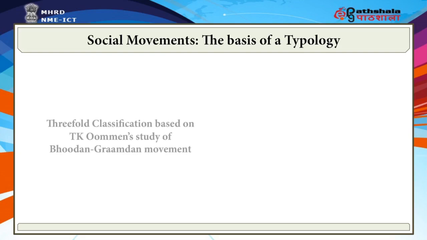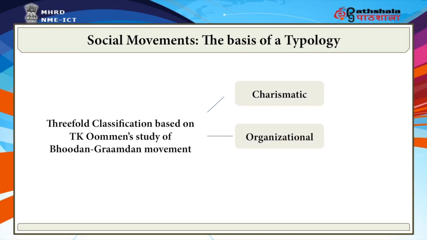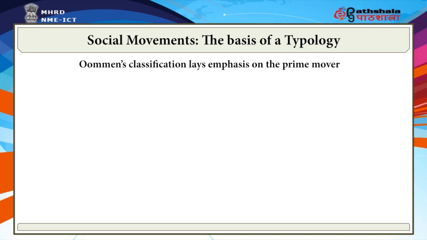Likewise, T.K. Oommen, on the basis of a study of the Bhoodan Gramdan movement, puts forth a threefold classification of movements: charismatic, organizational, and ideological. In his classification, the emphasis is on the prime mover of the movement, that is, what propels and sustains a movement and mobilizes the rank and file.